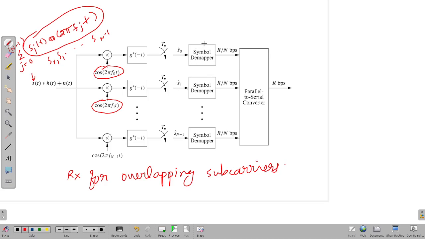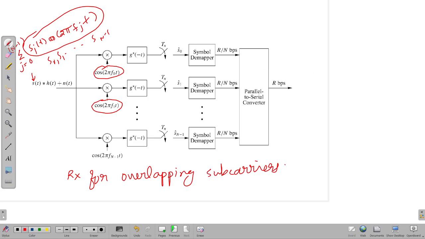And you have a symbol demapper here which does the demodulation, and finally you have the subcarrier stream, which is having a data rate of r divided by n bits per second. All these are combined to give an effective data rate of r bits per second.